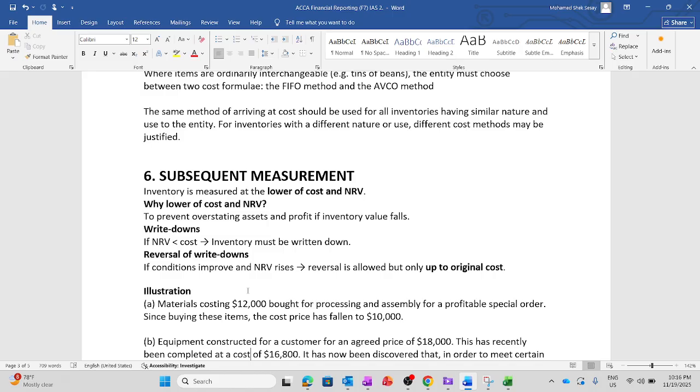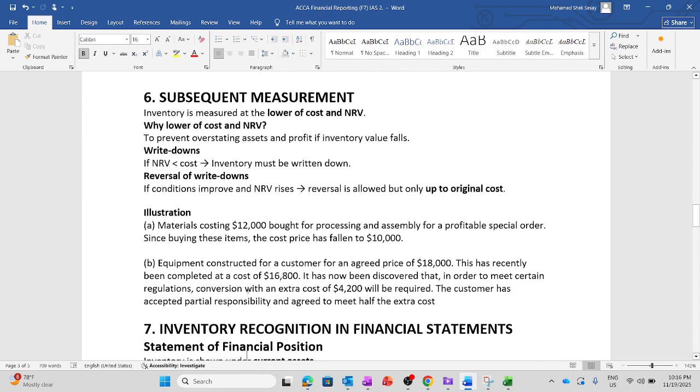If conditions improve and the NRV increases, then we need to reverse the amount that we have accounted for, but only up to its original cost. The reversal should not result in a gain. It needs to be limited only to its original cost. So we need to know this concept.